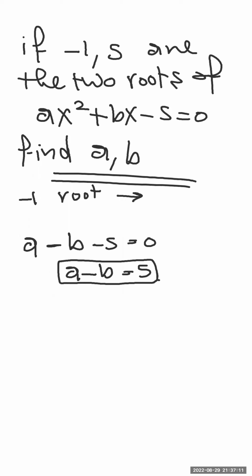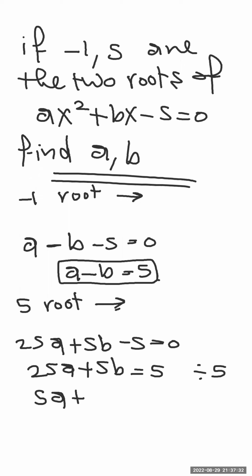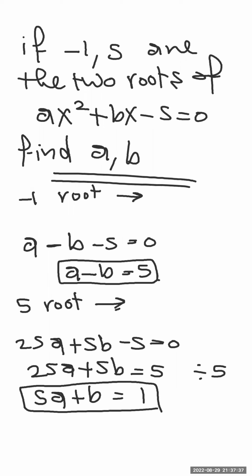Use the second root. 5 is a root. This means 25a plus 5b minus 5 equals 0. Therefore, 25a plus 5b equals 5. Divide by 5. So 5a plus b equals 1. So this is the second equation.